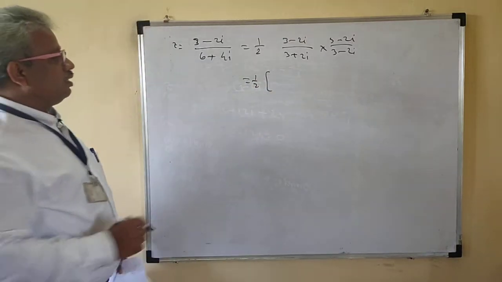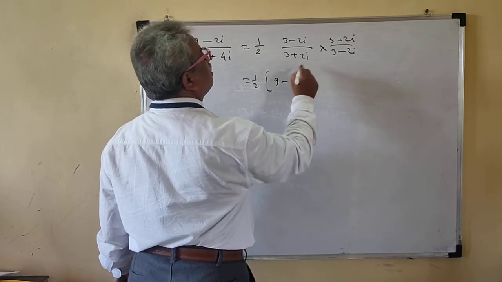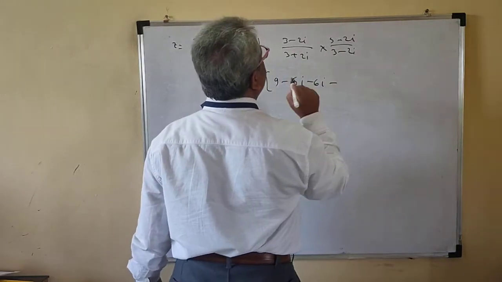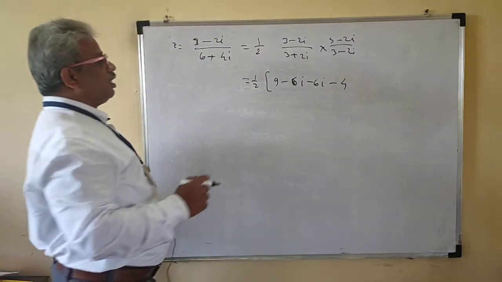Multiply this: 9 minus 6i, minus 6i, and minus 4, because i square is minus 1. Take care of that one.